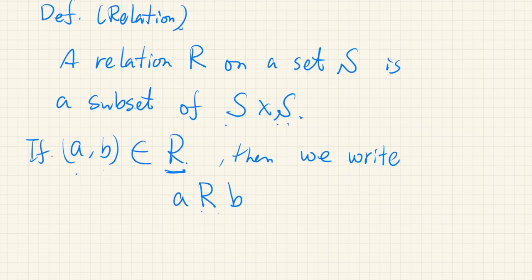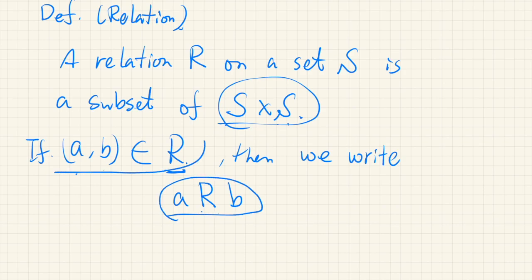R is a subset of this Cartesian product, but R is also used to represent the relation between elements a and b. So this is simply a shorthand notation. A relation is just a subset of a Cartesian product.